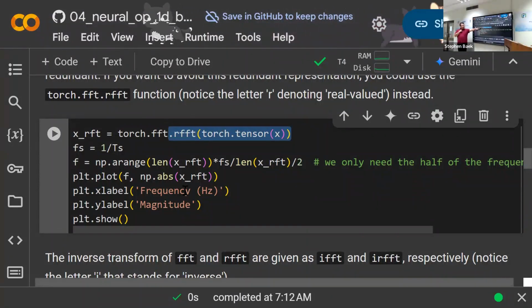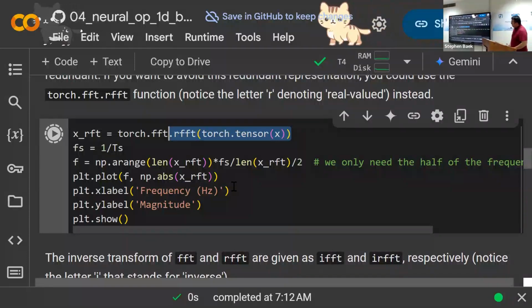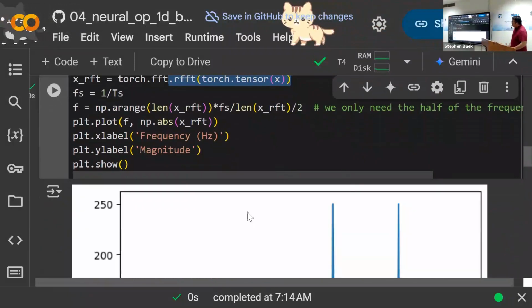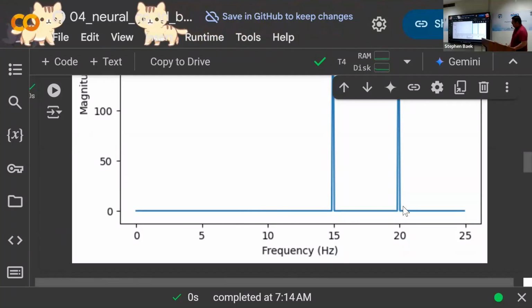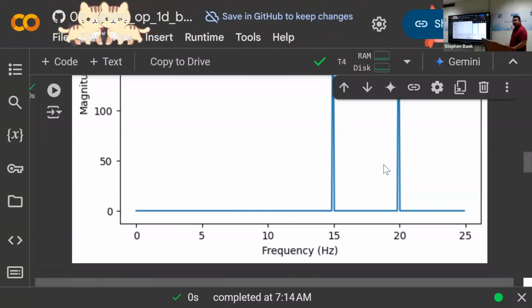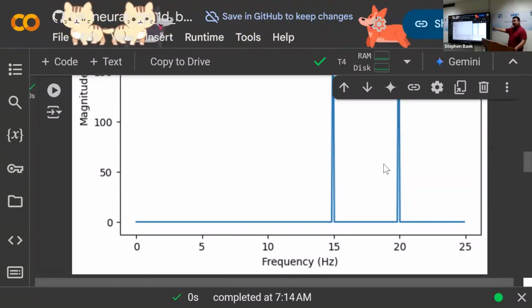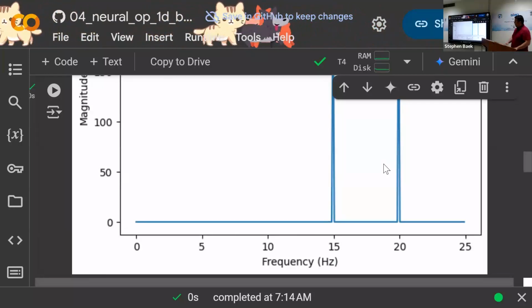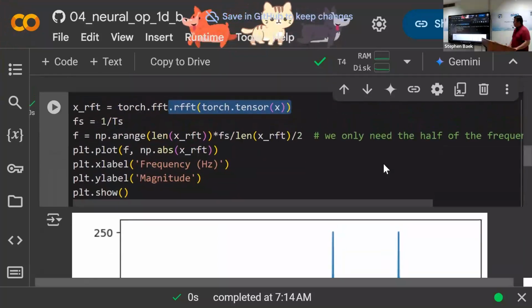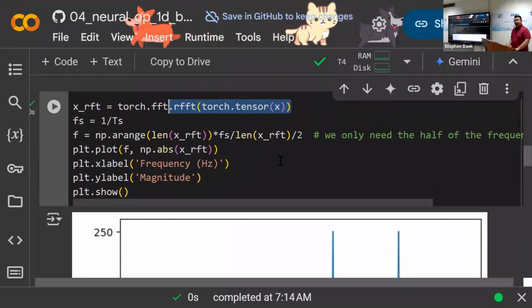So if you do torch.fft.rfft, then what you're going to see is what you would have expected initially, where we have the frequency components all 0, except for 15 hertz and 20 hertz, which is exactly the decomposition of the signal that we first put in, right? So from there, we know that the RFFT works fine.